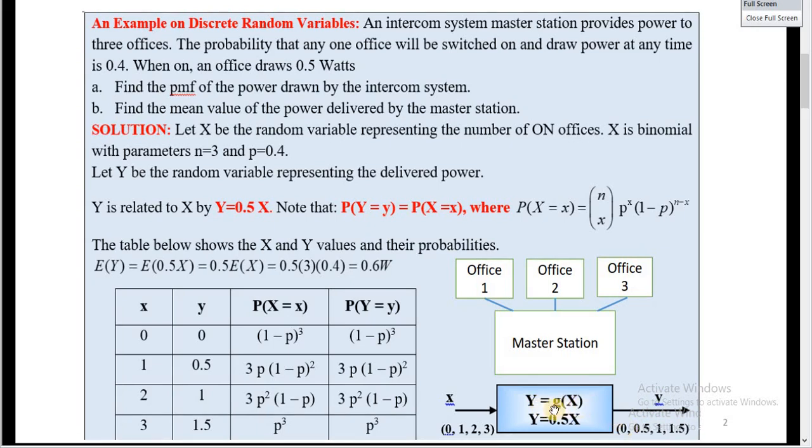So this is what we mean by a transformation of a random variable. That is, we need to find the probability mass function of y, which means that we need to identify the values taken by y along with their associated probabilities.